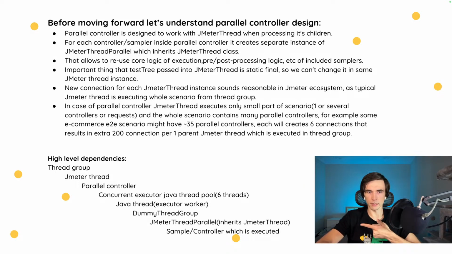This thread pool has 6 Java threads, so it is not a JMeter thread. It's just a Java thread, like a separate thread which is doing some work. In that Java thread, we have a dummy thread group class instance.